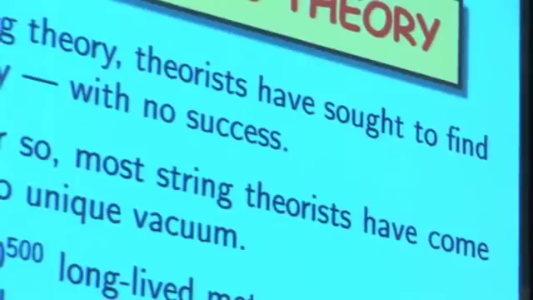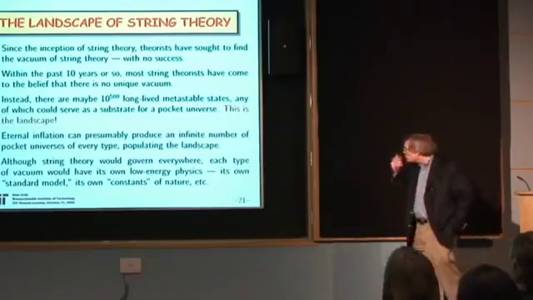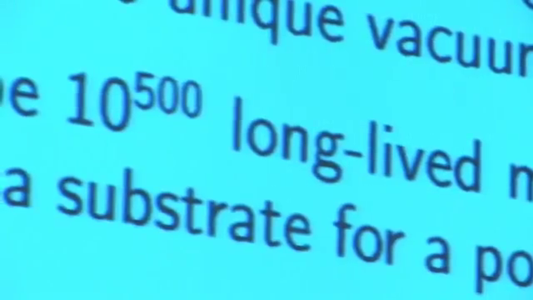And within the past 10 years or so, almost all string theorists have come to the belief that the reason they've been unsuccessful in finding the vacuum of string theory is that there is no such thing as the vacuum of string theory. Instead, string theory is believed to have a huge number, and 10 to the 500 is the number that gets bandied about.